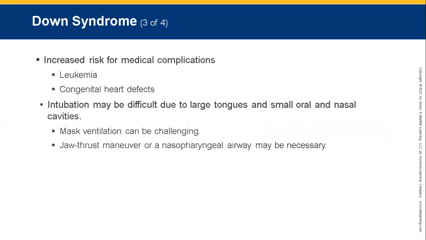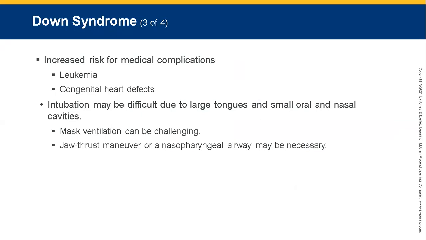They are at an increased risk for medical complications. Some of these would include leukemia, congenital heart defects. Because of the abnormalities with the tongue, their airway can be easily obstructed, and it might be very challenging to manage their airway effectively. So intubation may be difficult due to large tongues and small oral and nasal cavities.